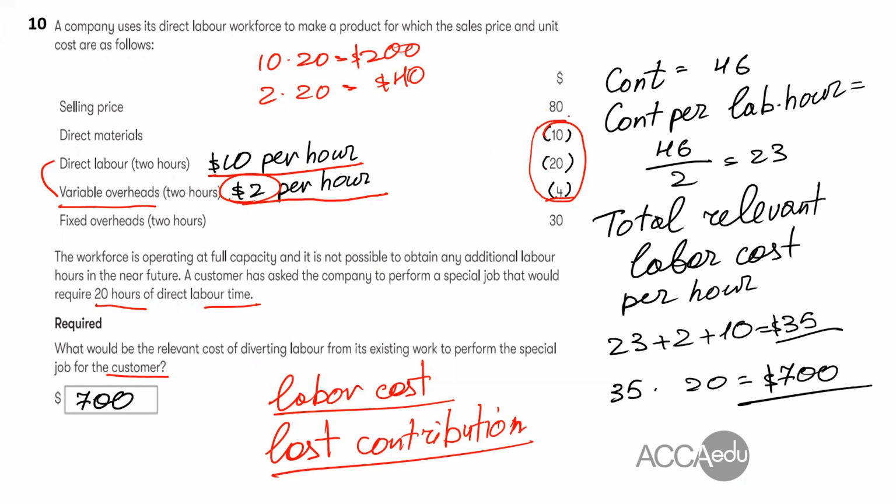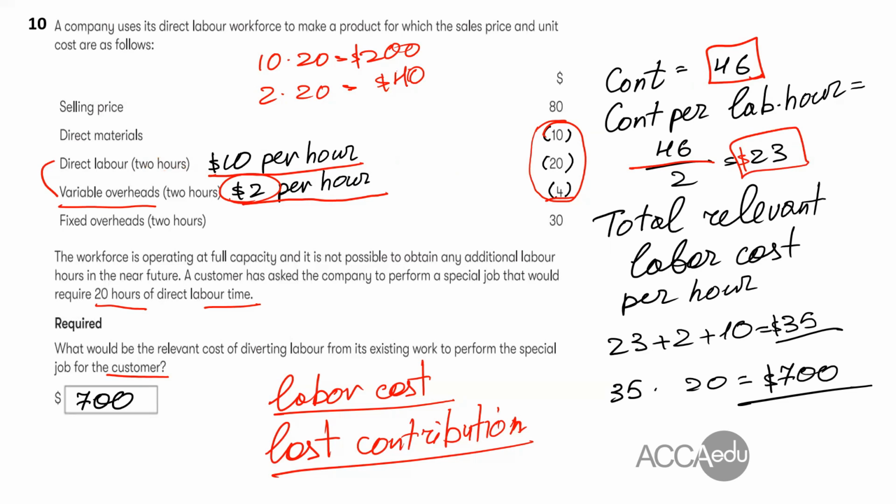When we subtract variable cost from selling price, we come up with 46, which is the contribution. But because each unit requires 2 hours of labor, for every labor hour we get $23 of contribution, which means if we are taking labor away, we're losing $23 for every hour.